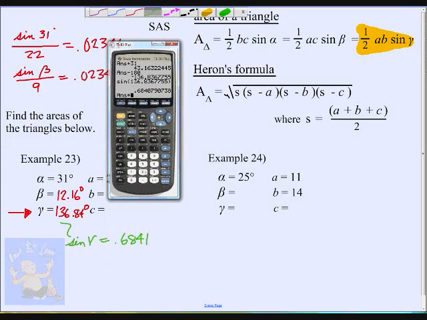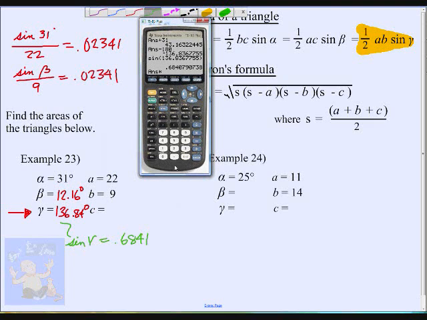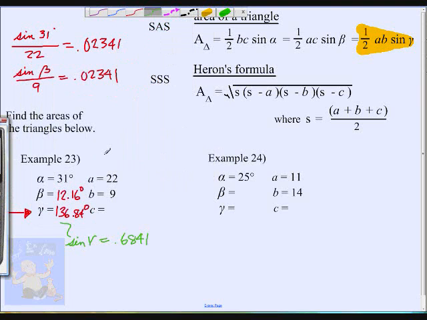That's the same as dividing by 2. And I'll have my area of 67.7. So the area of this triangle is 67.7 units squared.